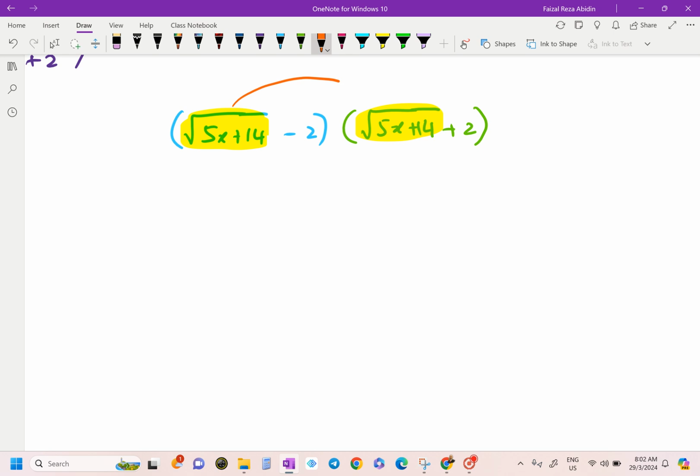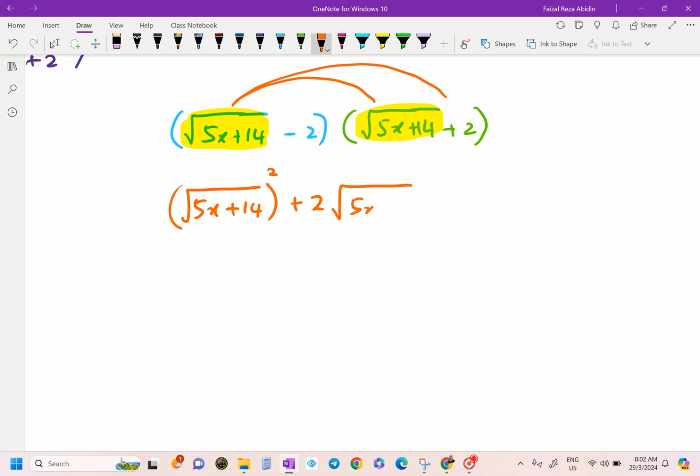You are going to get this one as square root, and also we are going to get square, right? So you're going to get over here 5x plus 14, the square root, and you are going to get square actually. Okay, when I times over here, I'm going to get 2 plus 2, and then I just copy back 5x plus 14, and then we do this one, minus 2 with the square root of 5x plus 14.